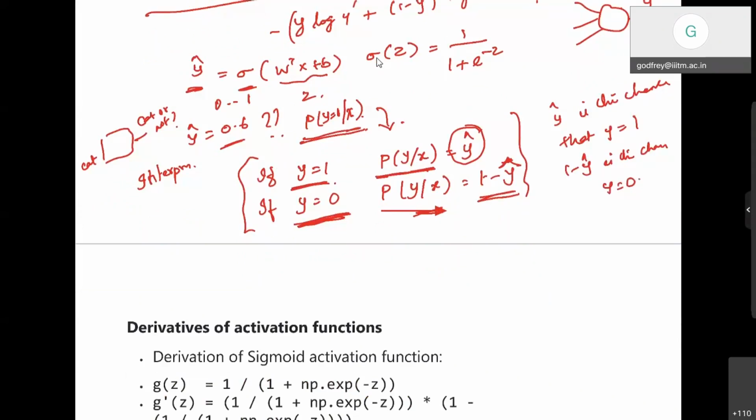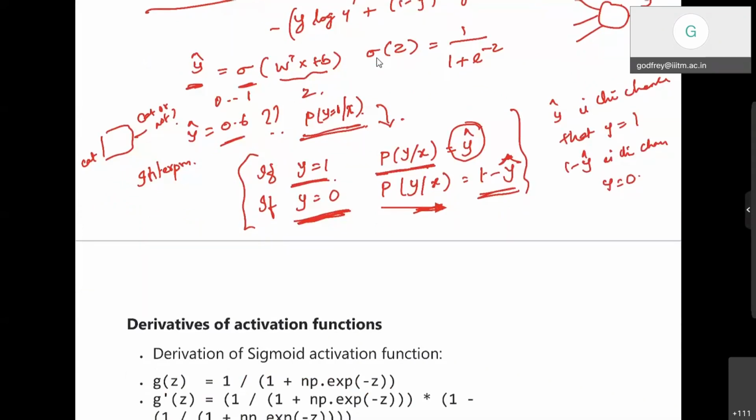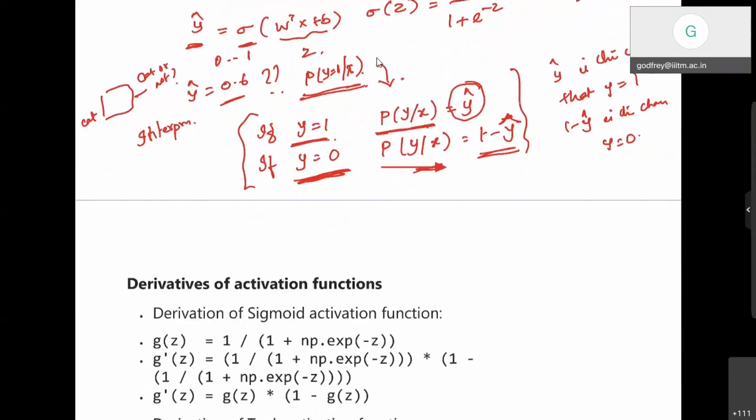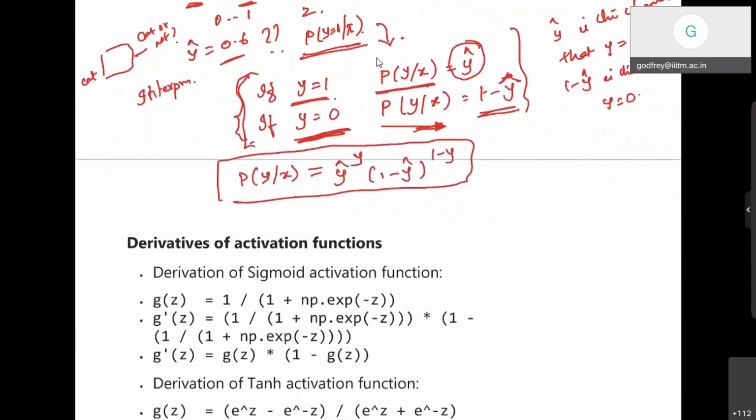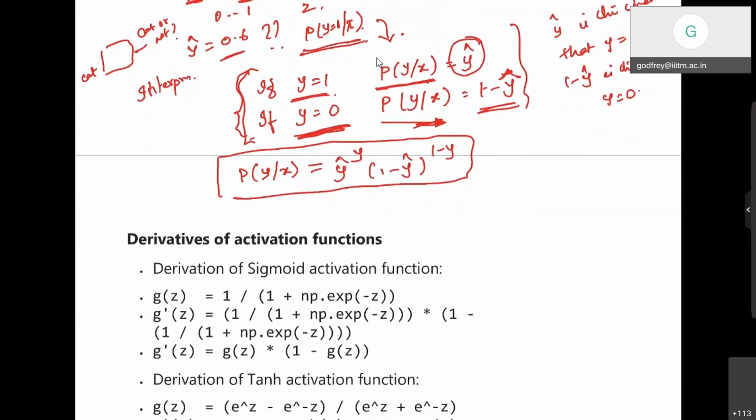Now if you want to put this together in a single equation, then p of y given x can be given by y cap power y times (1 minus y cap) power (1 minus y). This equation captures both statements. How does it capture both?